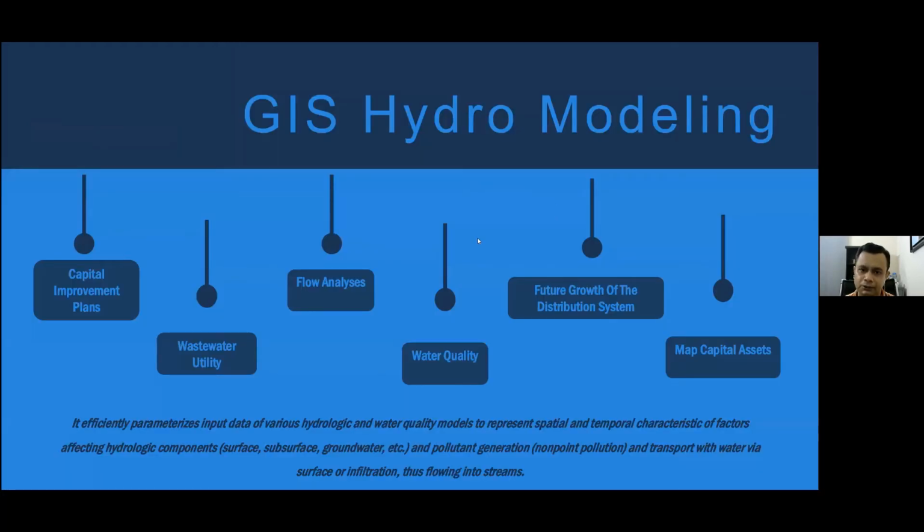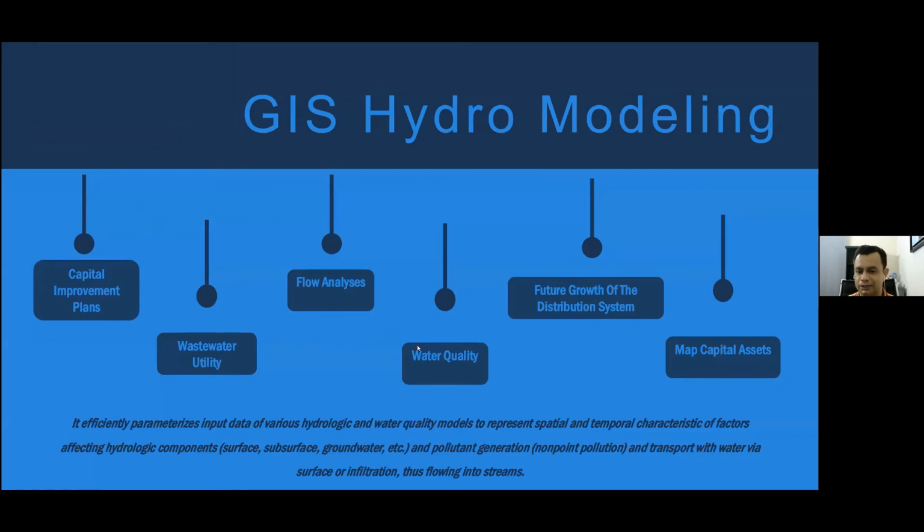And in GIS, we use hydro modeling, and hydro modeling can assist you in different ways. These are some examples. This can assist you in capital improvement plans. This can assist you in wastewater utility. This can assist you in flow analysis.